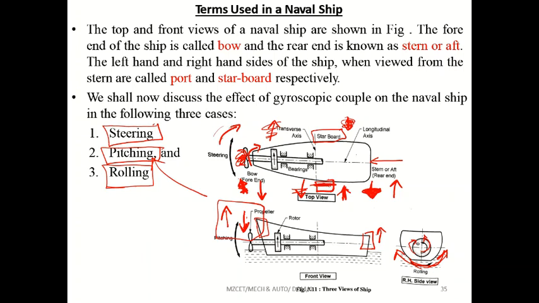If it is turning right side, you just write ship is turning towards the starboard side. Don't write rising or ditching. Suppose the ship is turning towards the left side, you just write ship is turning towards the port side.